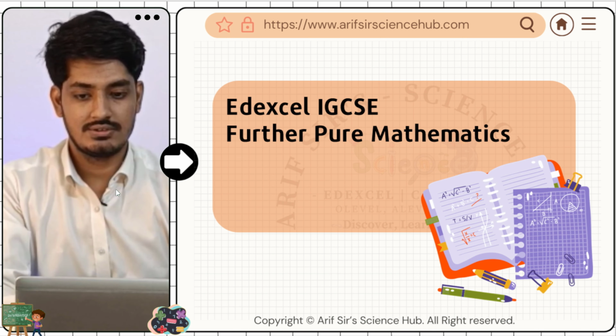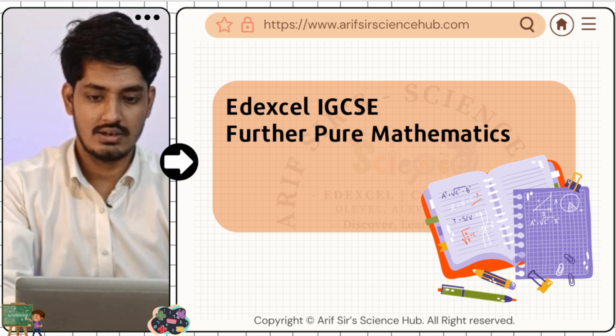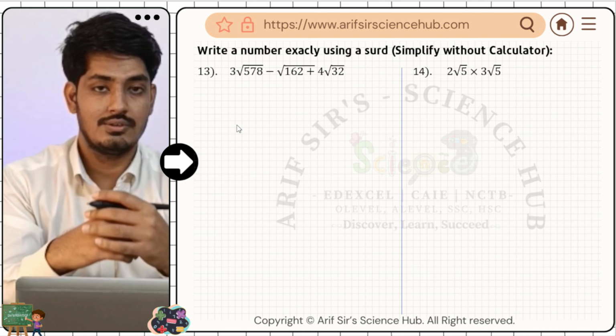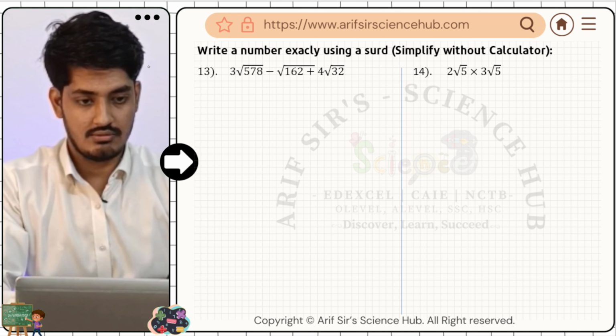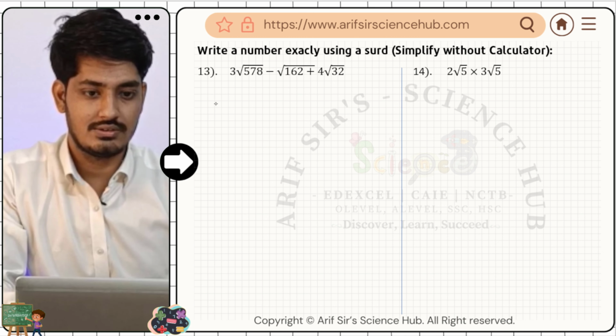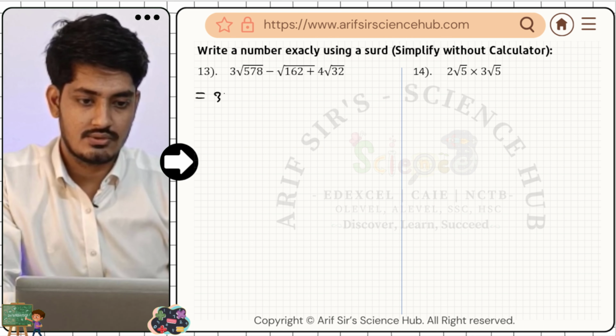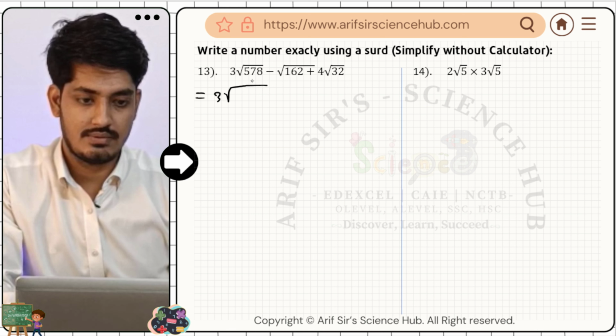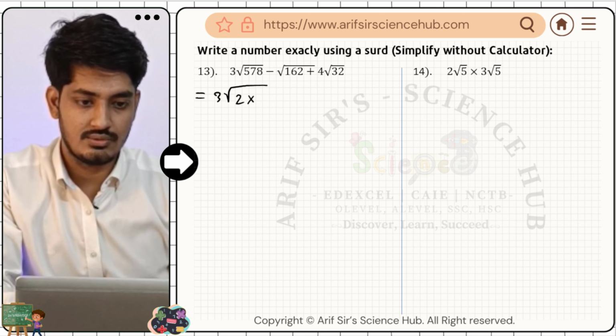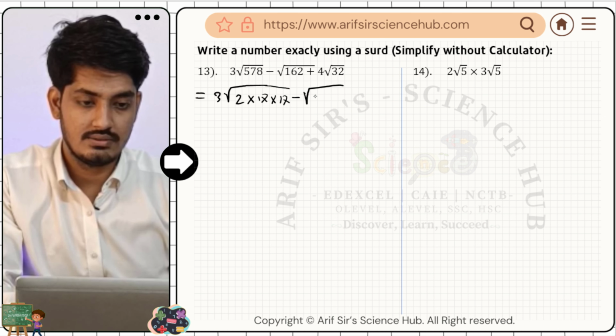So today we'll start the exercise. Let's solve these equations. 3 square root 578, we can write it like 2 into 17 into 17, then minus square root 162.